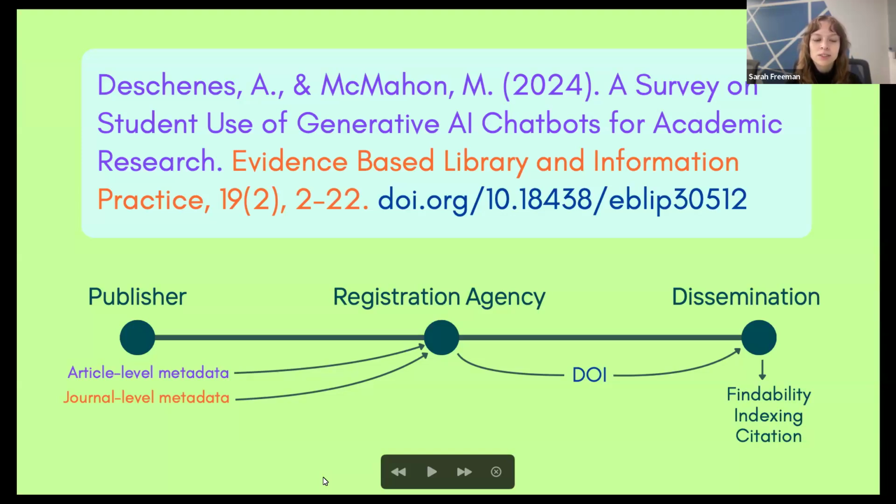Every time a journal publishes an article, all of this metadata in the citation above is passed off to our registration agency, which is Crossref. Crossref then takes that information and assigns a DOI to that article and passes it back, puts it on the landing page for the article, and then that DOI helps with findability. It gets passed off through indexing services, and it's also used in citations.